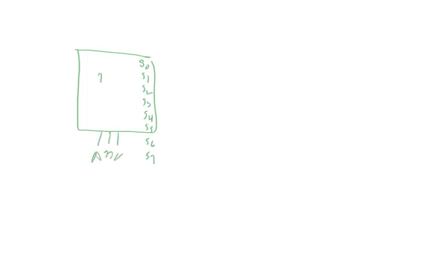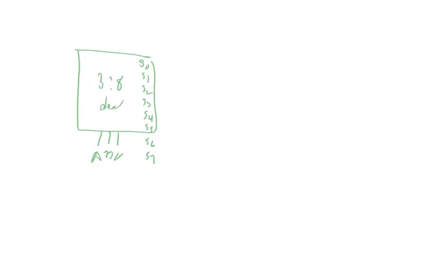I'll try another one. Let's try this one. So now I got a whole different thing here. Oh my goodness, what am I going to do? I have S0, S1, S2, S3, S4, S5, S6, S7. I got A, B, and C, and this is a 3 to 8 decoder, right?